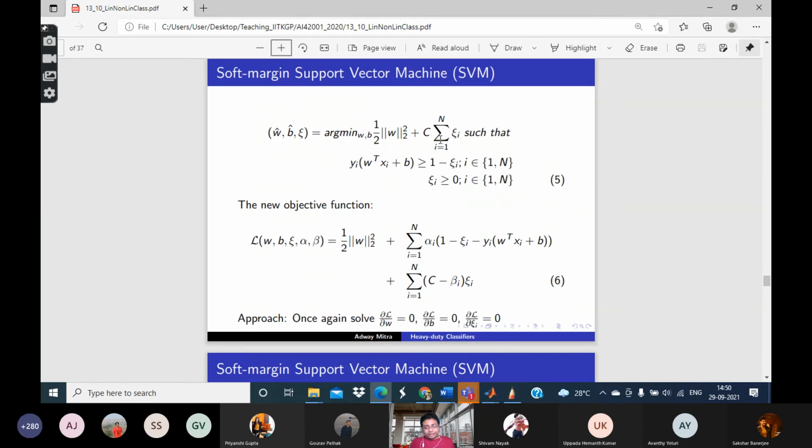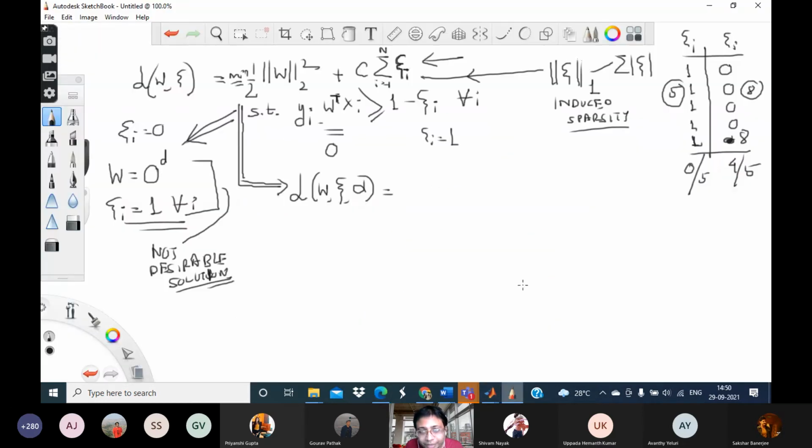So you can see that this is what the problem becomes. Oh, by the way, I forgot to write one vital constraint: all the xi's have to be greater than or equal to 0. That I just said, so I have to include it as a constraint.